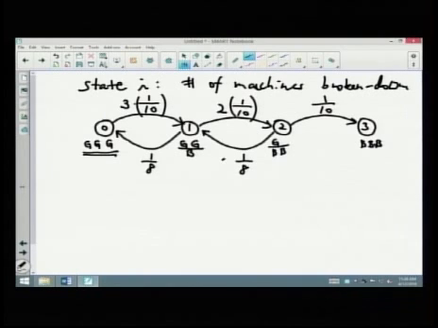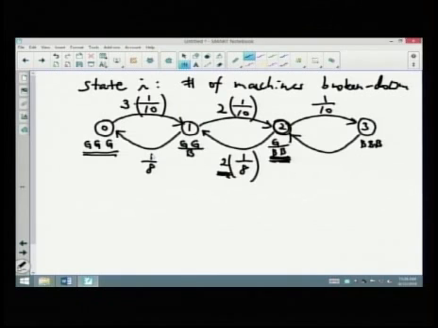Why? Because in state number 2, 2 machines are down. And then since this repair shop has 2 repairmen, both of them will be busy to take care of these broken down machines, right? Since both repairmen will be busy, you have to multiply by 2. Okay?